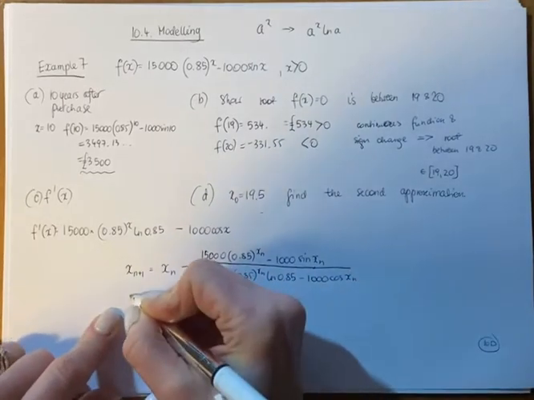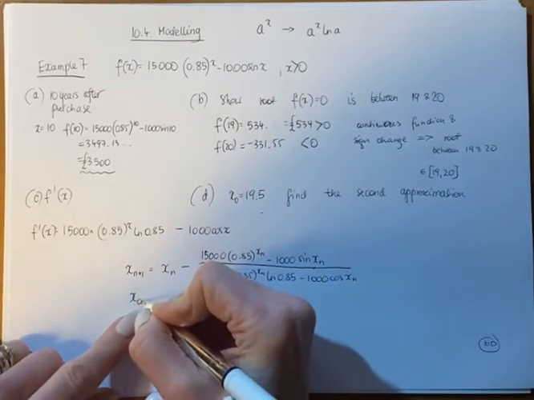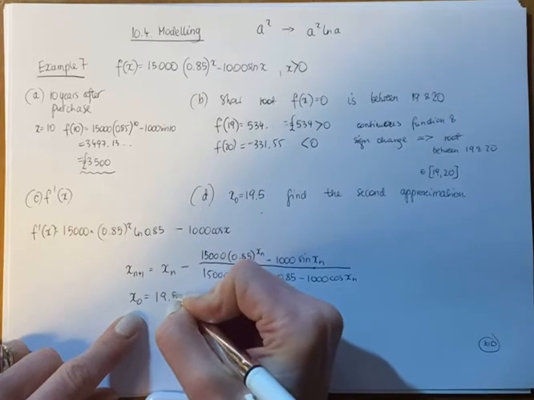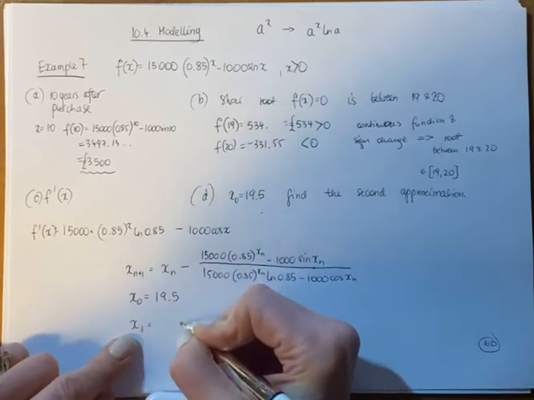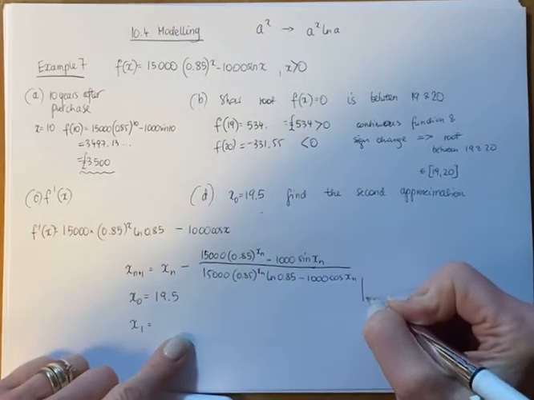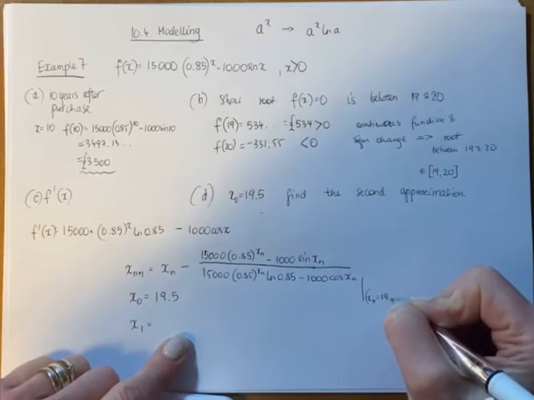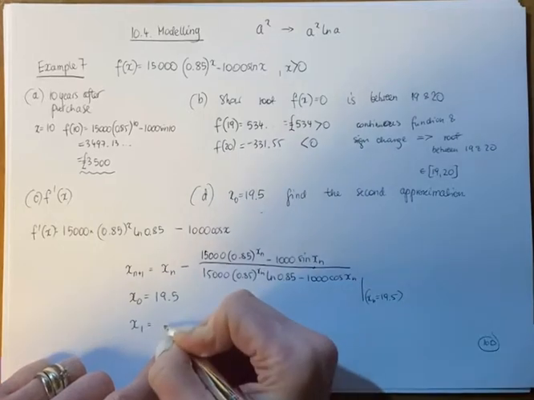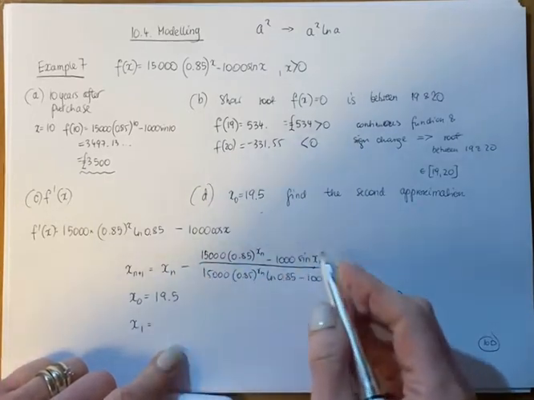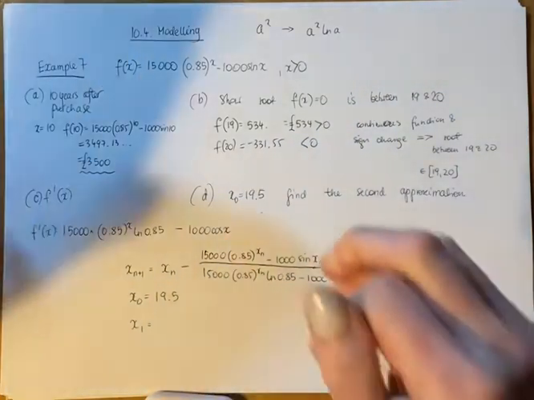So starting with x0 equal to 19.5, x1 is equal to all of that with x equal to 19.5. Just to save myself writing all of that, you can write it with 19.5 if you want to.